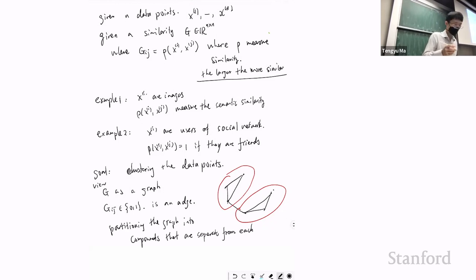There's no way you can completely decompose into completely disjoint parts, but you can somewhat decompose them, partitioning the graph into more or less disjoint parts. So this is the general type of setup. I'm going to discuss probably one or two instantiations of this.